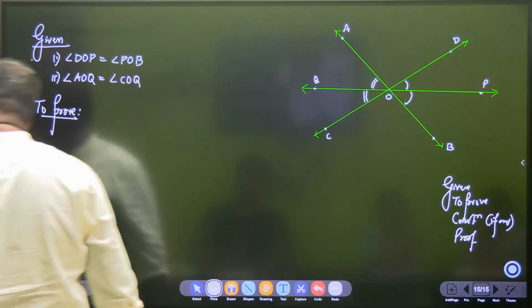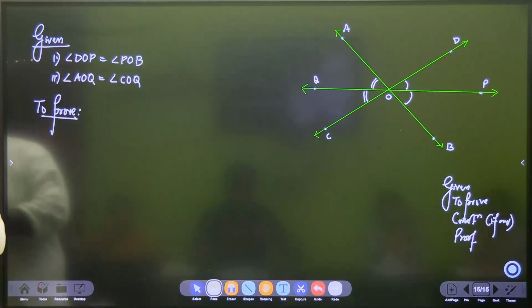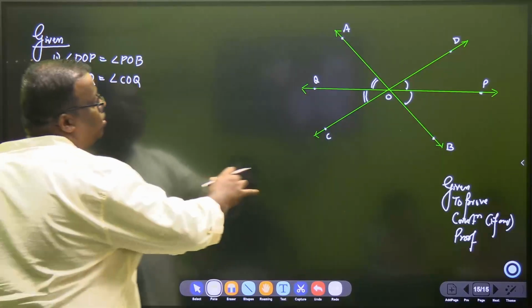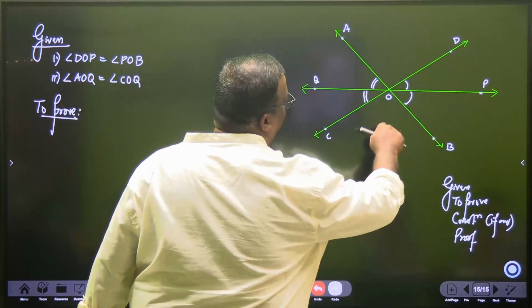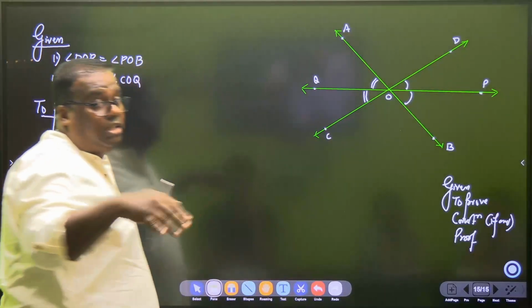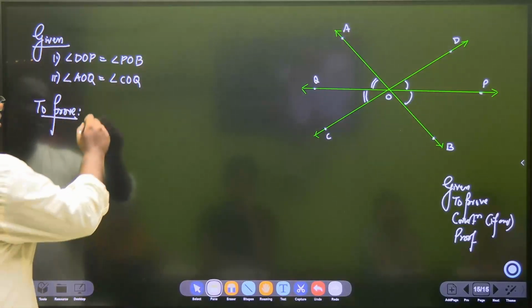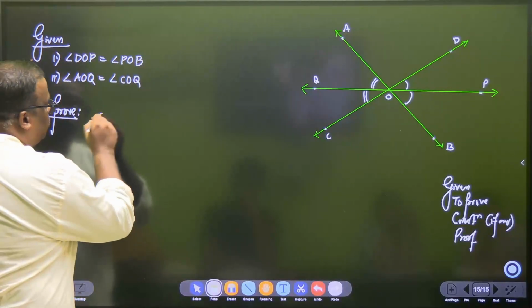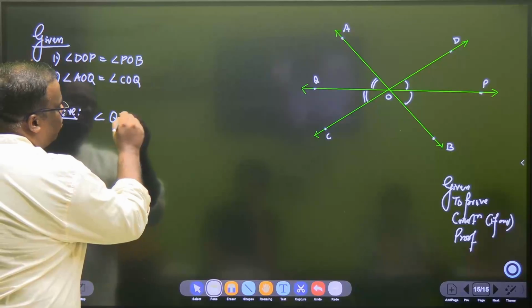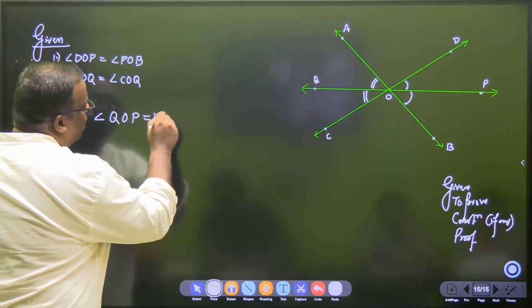Right. Now show that rays OP and OQ are in the same straight line. Basically, same straight line means you should prove angle QOP is equal to 180 degrees.